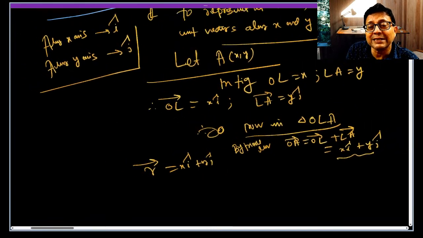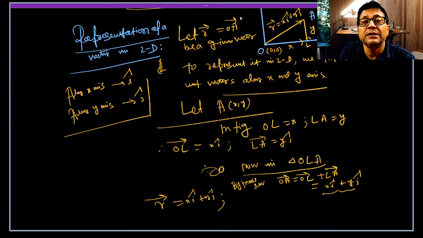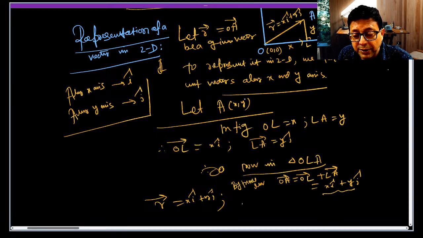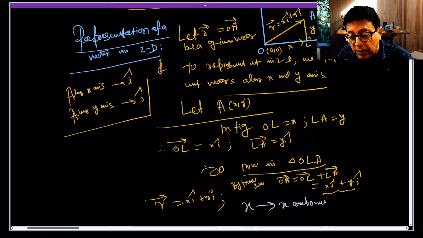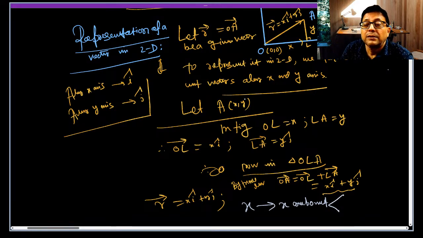So we will be referring to x as the x component. Here x will be referred to as the x component and y will be referred to as the y component. X stands for x component, which means the component of the vector along the x axis.